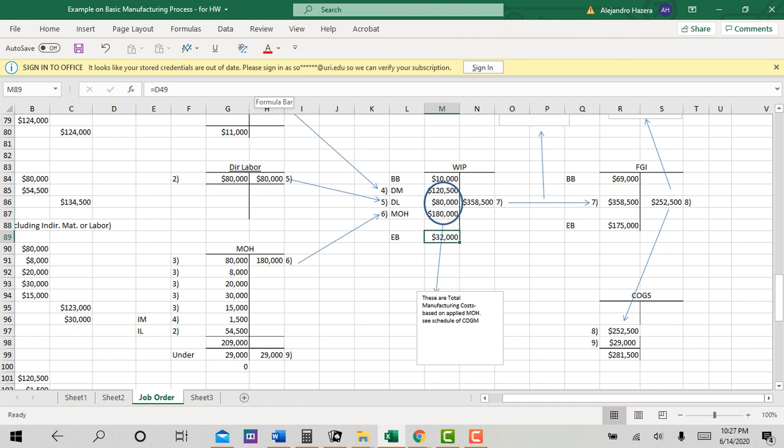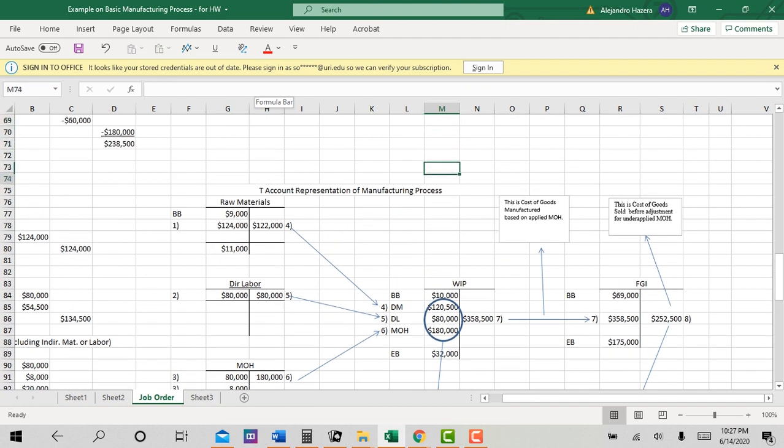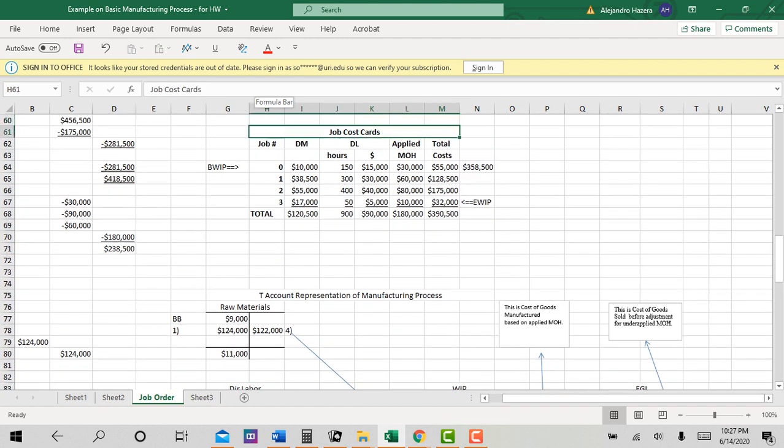But let's look at the ending balances. First of all, the ending balance in work in process is 32,000. If you come up here to your job cost cards, I'm assuming that job 3 is your ending balance. So what we're saying is that this job was started last period and finished. This job was finished.